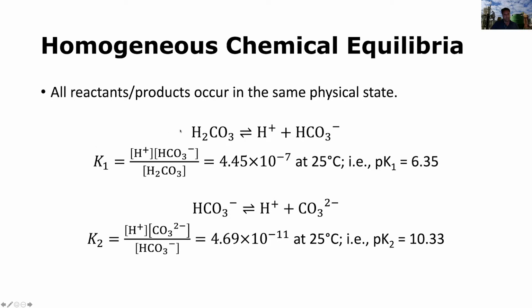And for each of these chemical reactions, we have different chemical equilibrium constants. And these constants are for 25 degrees Celsius. So for example, for equation number 1, pK is equal to 6.35. For equation number 2, pK is equal to 10.33.